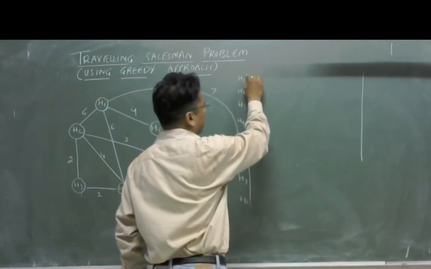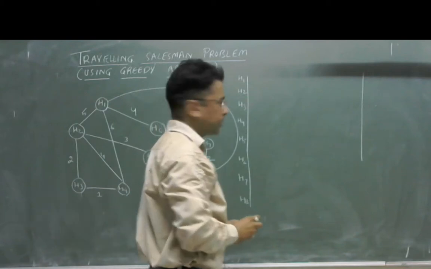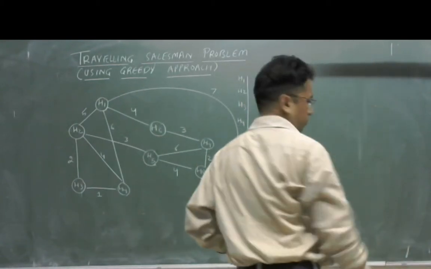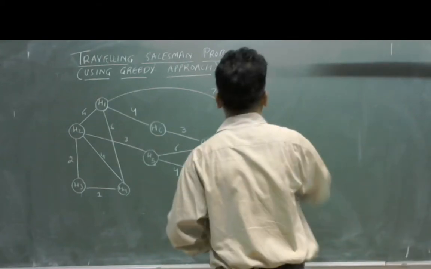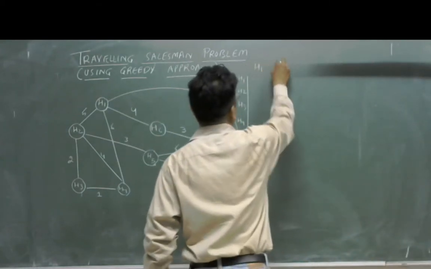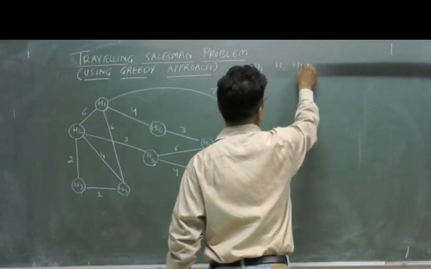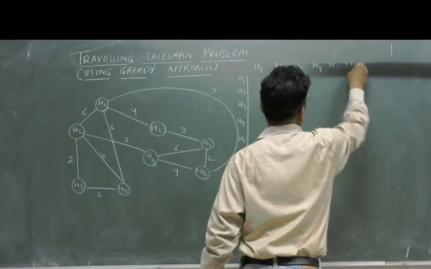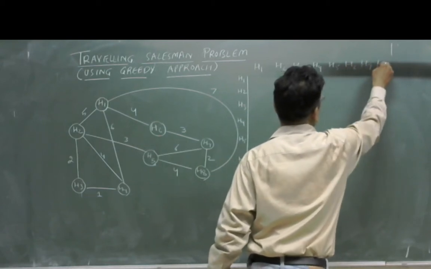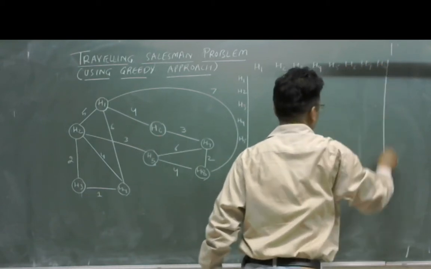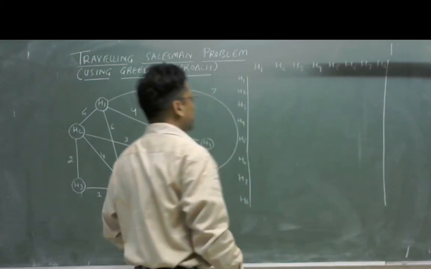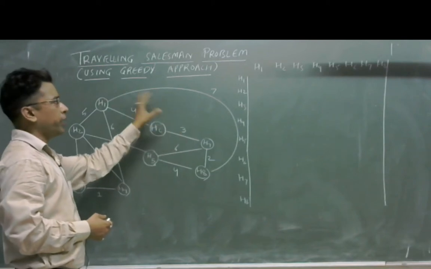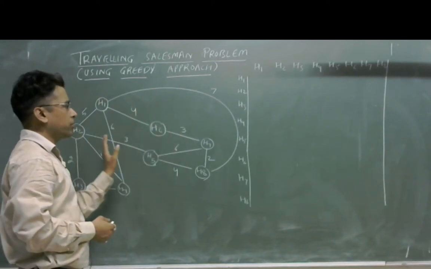Similarly, we shall draw the number of columns: H1, H2, H3, H4. Here I shall draw the edge matrix or weight matrix for this graph.